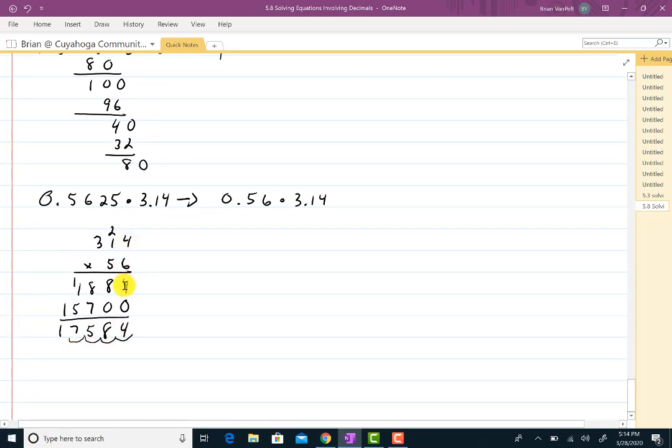6 times 4 was 24. Then 6 times 1 is 6 plus 2 is 8. Good. 6 times 3 is 18, that's all right, but something seems wrong about these numbers. 5 times 4 is 20. I carried the 2. 5 times 1 is 5 plus 2 is 7, so that's right.